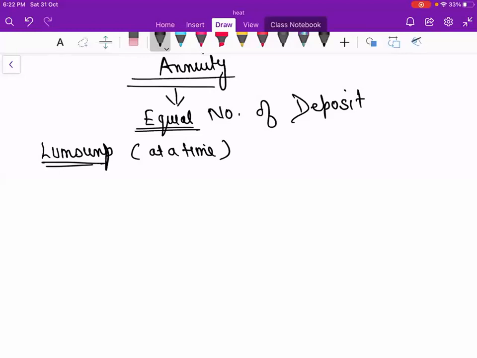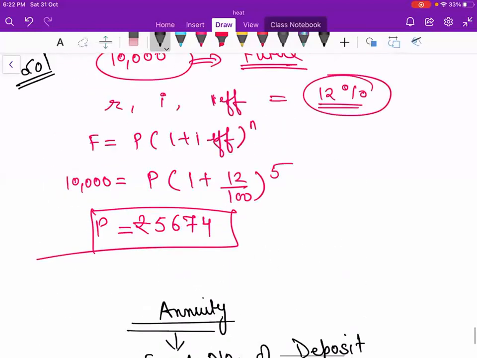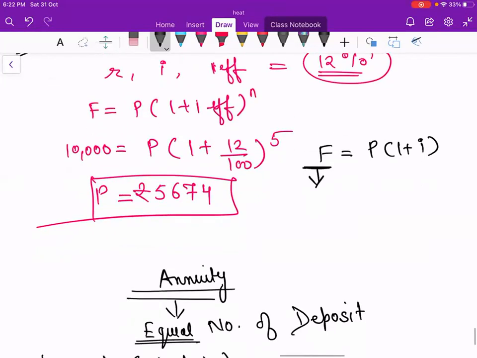If we see this formula, suppose F equals P(1 plus I). In this, F is lump sum or equal number of deposits? Yes, you can say systematic investment plan, Badrinath, but that is more related to mutual funds.